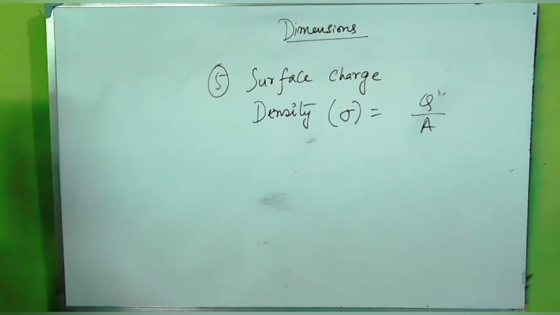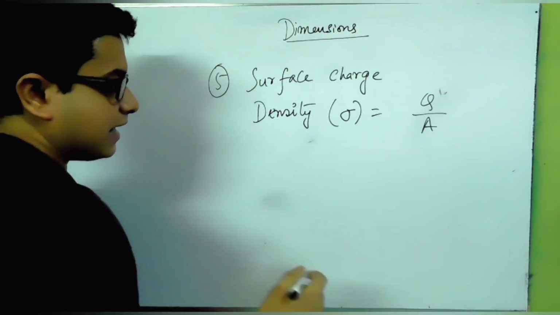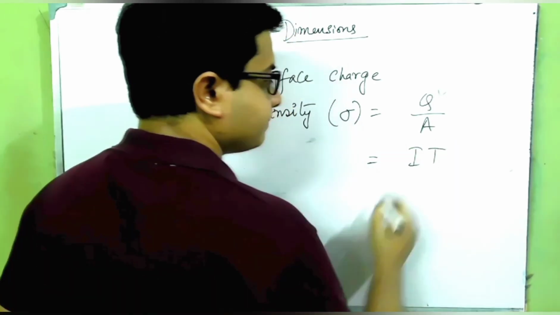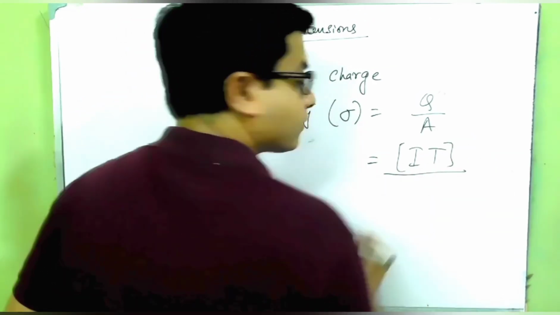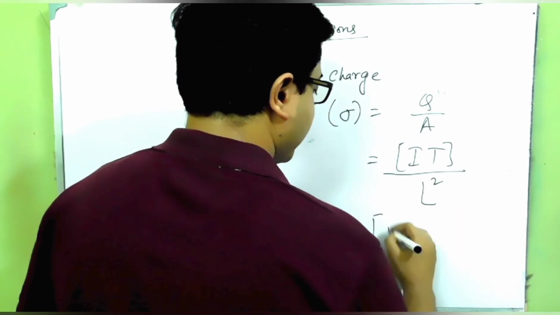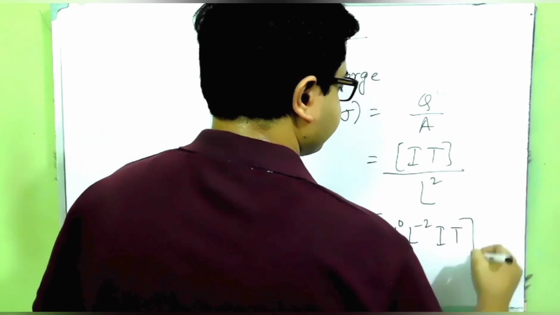The dimension of charge is, as we know, I times t, and the dimension of area is meter square, that is L square. So the dimension is m to the power 0, L to the power minus 2, I times t.